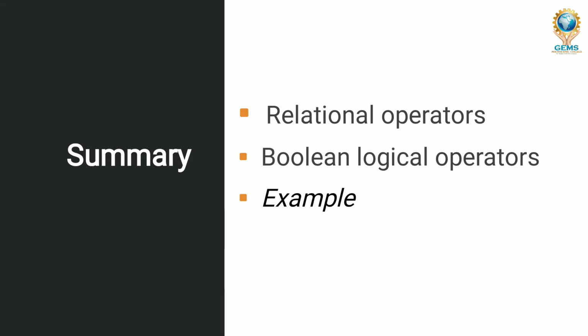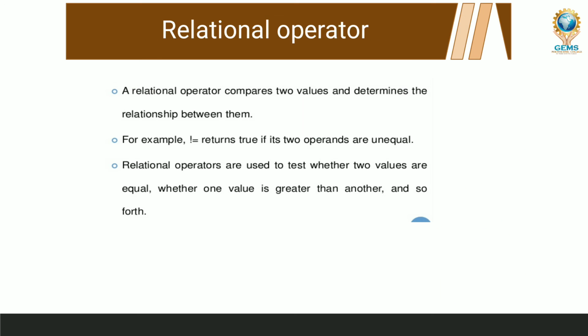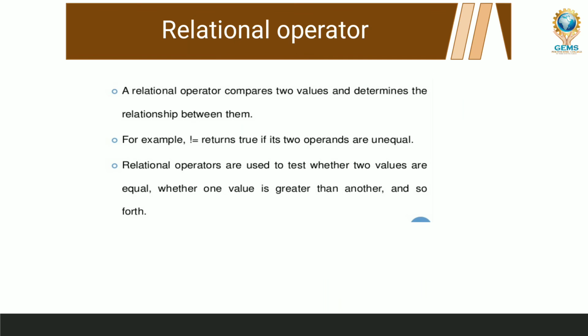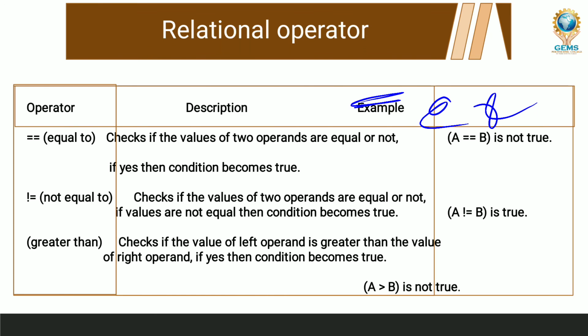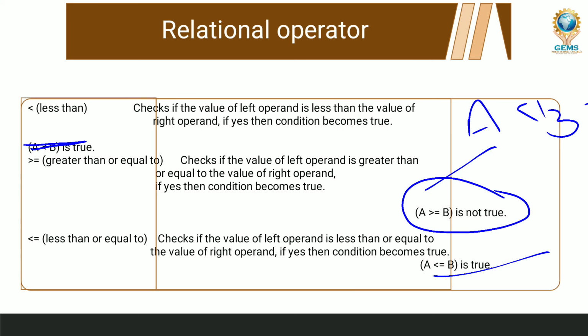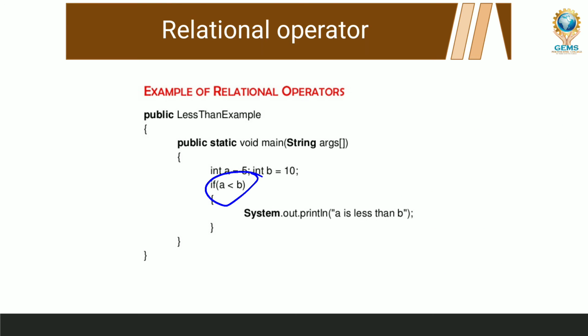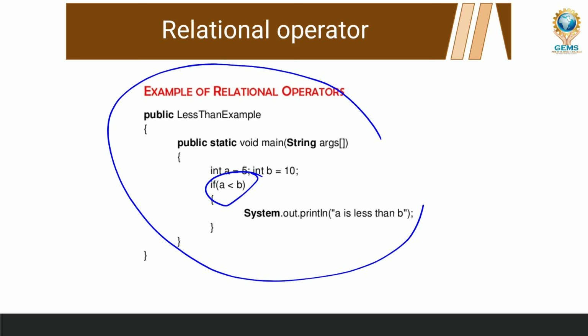So till now, we have seen about relational operators: equal, not equal, greater than, less than, greater than or equal to, less than or equal to. As a small program, we compared A less than B in relational operator programming.